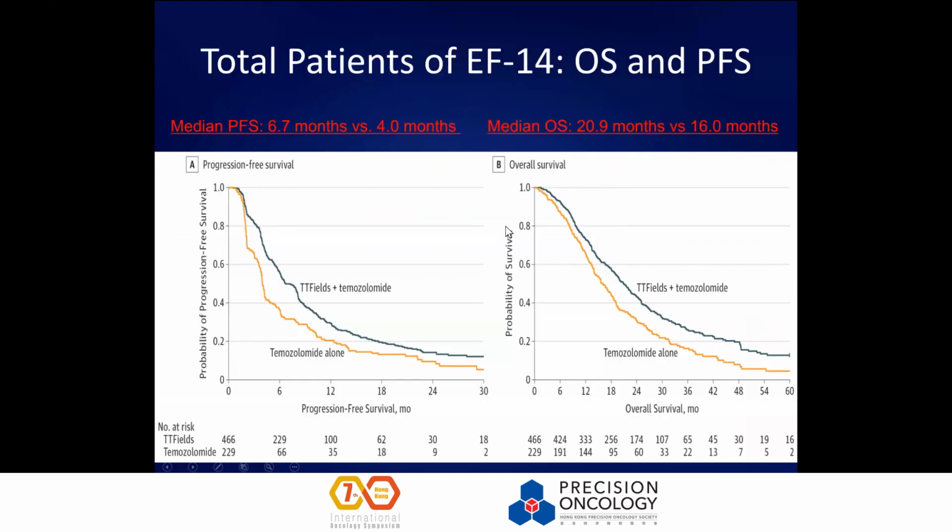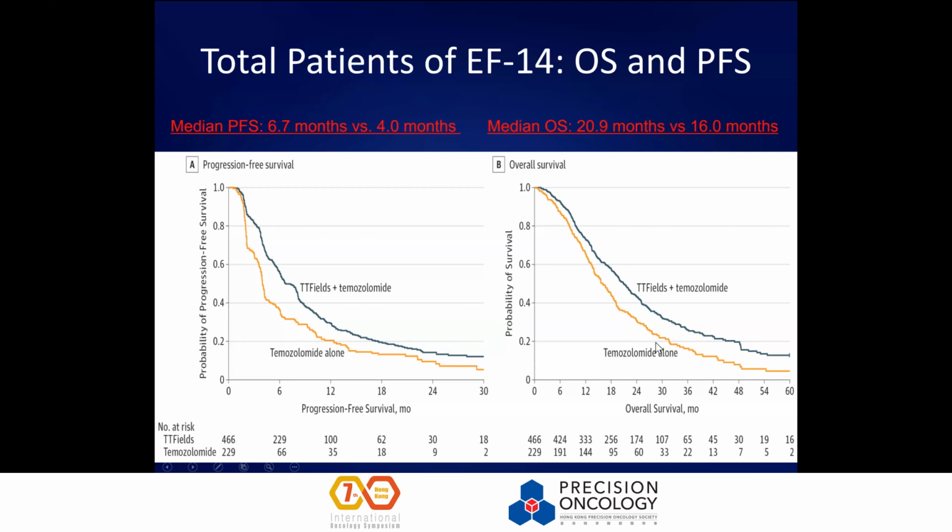This complete data confirmed the interim analysis results, specifically the median progression-free survival: 6.7 months for the treatment arm, and 4.0 months for the control arm, the standard of care arm. The median overall survival is 20.9 months for the treatment arm, and 16.0 months for the standard of care arm.